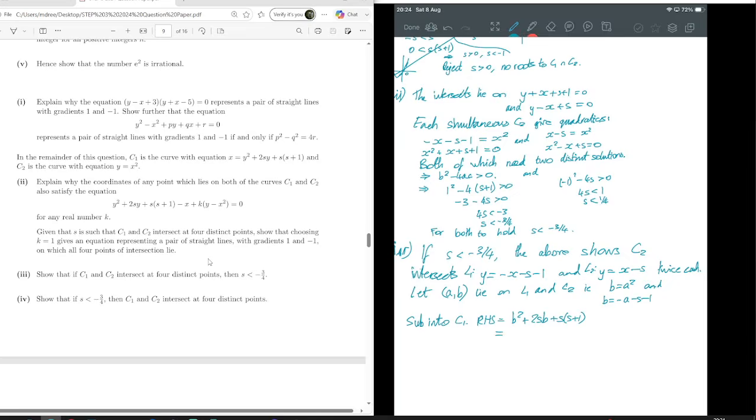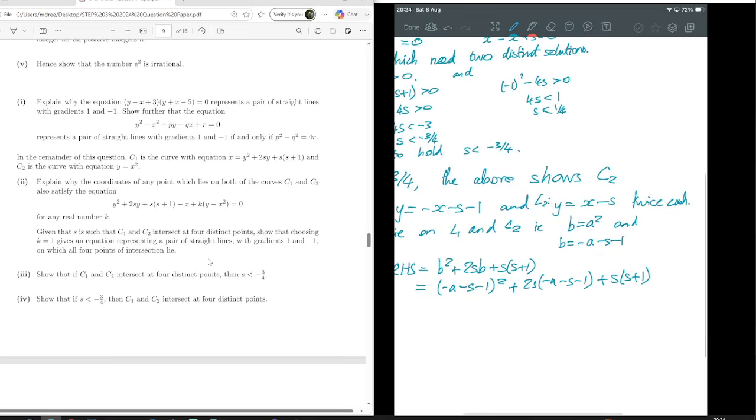So this is, well, this is (-a minus s minus 1) squared plus 2s times (-a minus s minus 1) plus s plus 1. So if I replace all the b's using that second equation, is this going to turn out to just be a? Now I'm worried because I haven't used this.